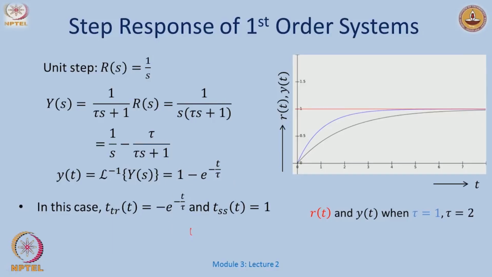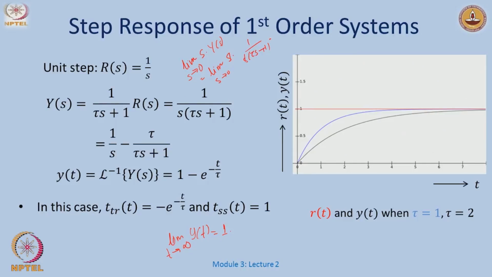At steady state what remains is only this 1. So the limit of y of t as t goes to infinity is 1. I could also compute it directly, just to see how the steady state looks. I can use the final value theorem: limit s tending to 0 of s times Y of s, which is limit s going to 0 of s times 1 over s, tau s plus 1.